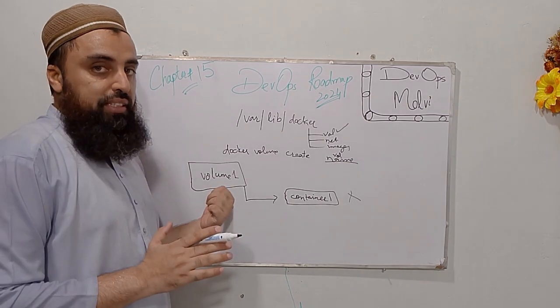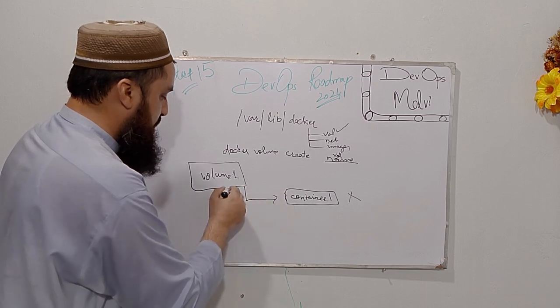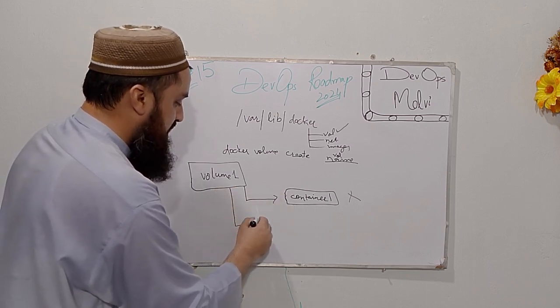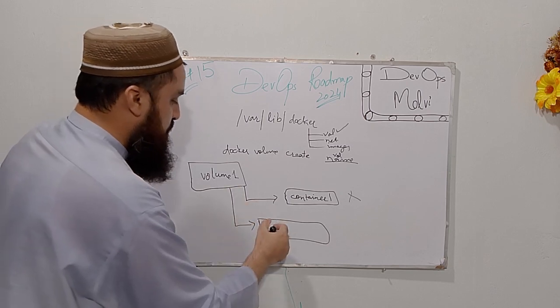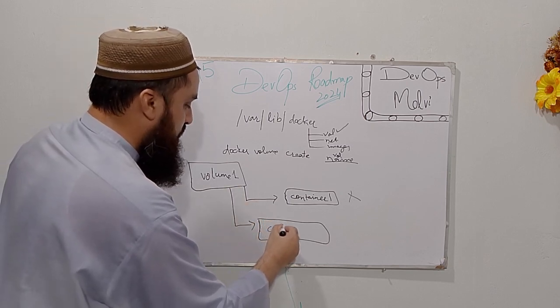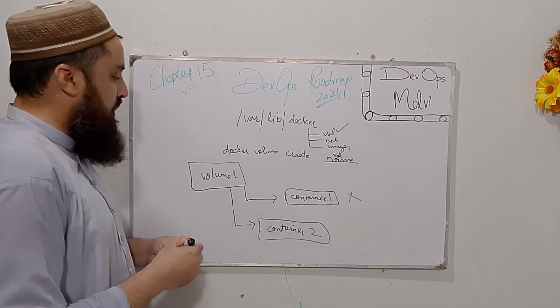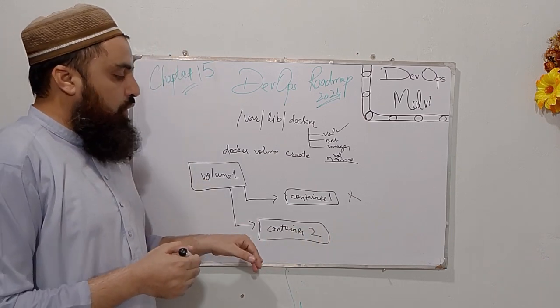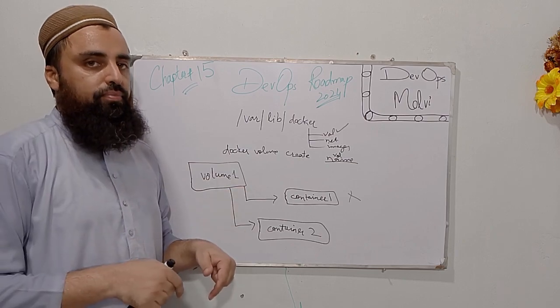The data would be saved in volume1, and I will create a new container and mount this volume1 again with my container 2. So that's how volumes can be attached or mounted with a number of containers at one time.